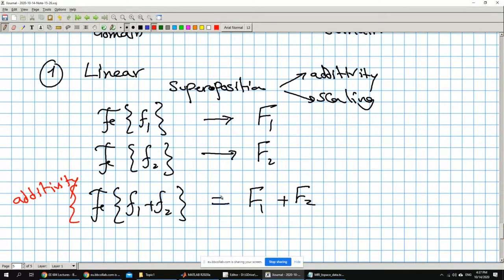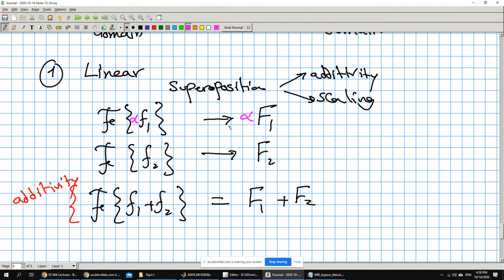Related to the scaling, it means that if instead of having f1 here, I have alpha times f1, a constant times f1, then it will come out as alpha times the Fourier transformation of this basic function. So if you multiply the function by a constant, then the Fourier transformation will be multiplied by the same constant. This is really useful.